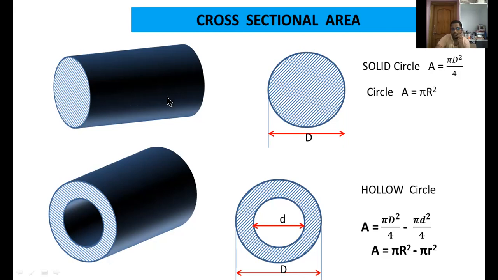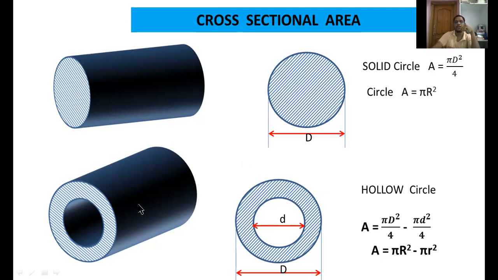So the cross-sectional area of this solid shaft is the area of a circle, that is, the area in terms of diameter equal to pi by 4 D square, as well as the area in terms of radius, capital A equal to pi r square. Pi r square or pi by 4 D square is the area for a solid circle, where capital D is the outer diameter of the solid circle.